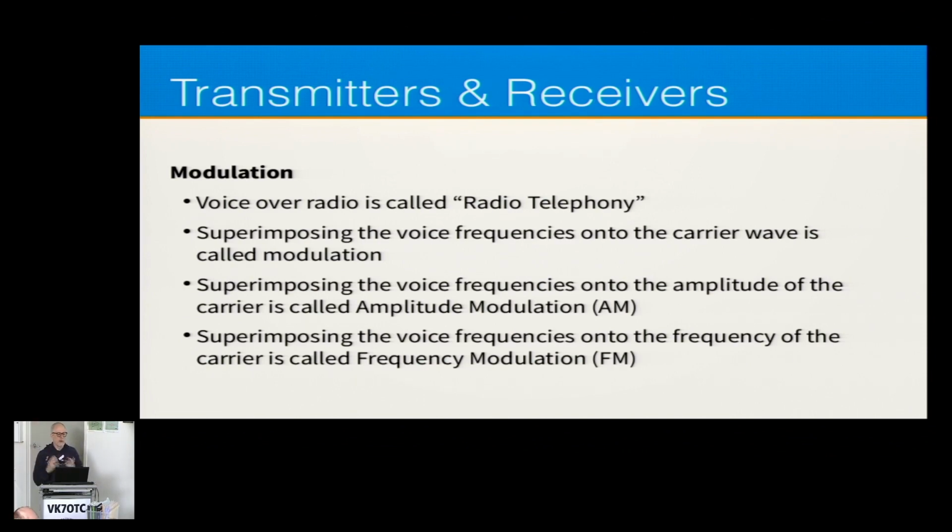And if we superimpose those voice frequencies and what happens to that radio wave is it goes up and down in size or amplitude, we call it amplitude modulation, because what your voice is doing is causing the wave to increase and decrease in amplitude.